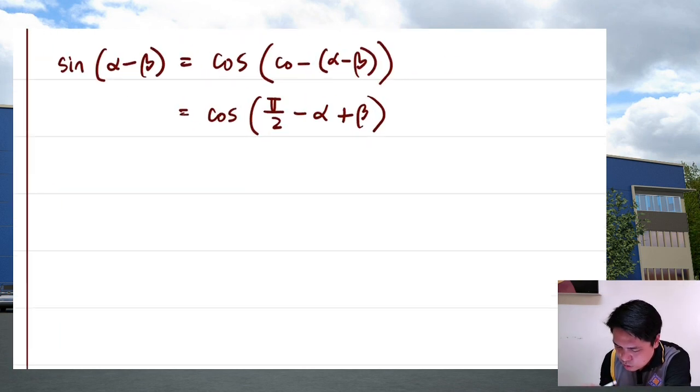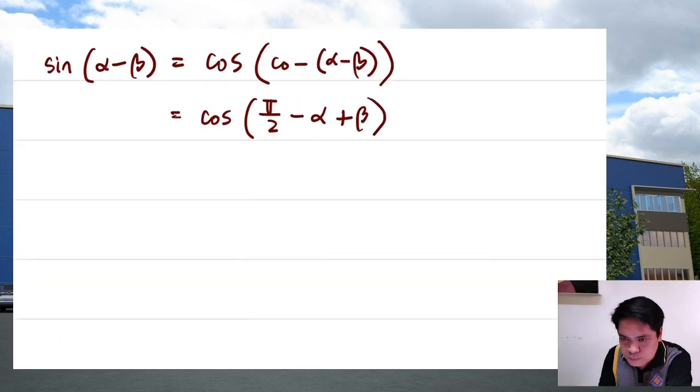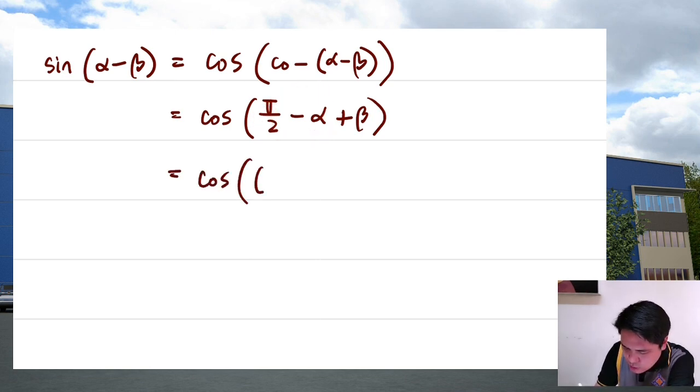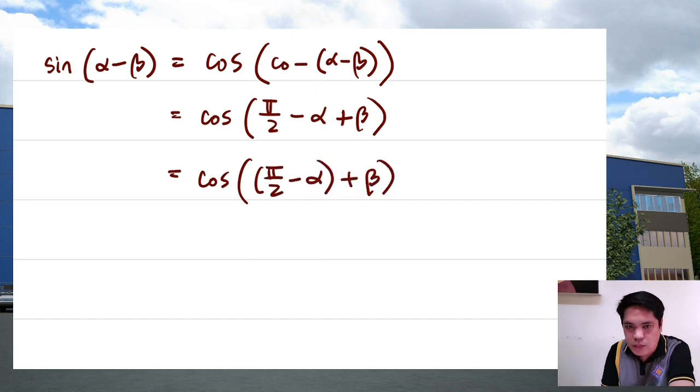But since we are deriving, let me use associative property. I'll group these two para eto sila yung magkasama. So I'll do that by writing this way. Cosine of pi over 2 minus alpha, plus beta.